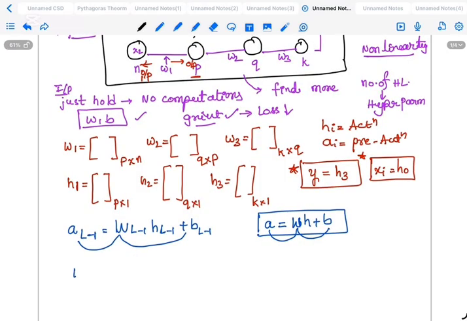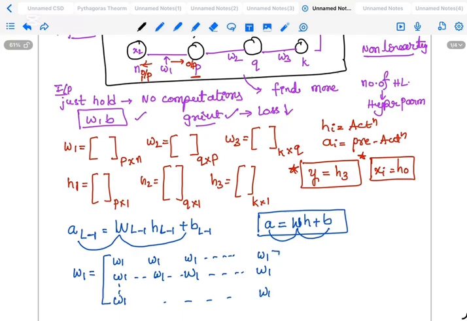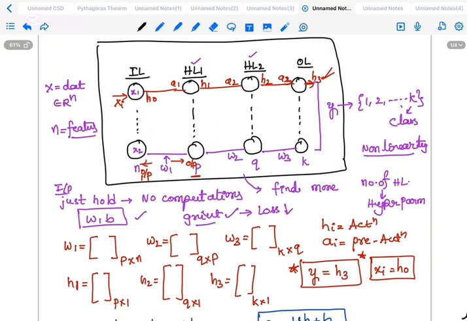These two are matrices. All the entries of W1 start with W1, that is layer 1. If it is layer 2, W2; layer 3, W3. What is the size of W1?